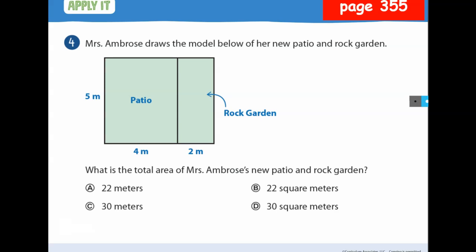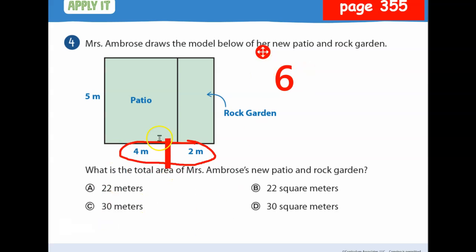Preston, how'd you do this one? Yeah, I know, but how did you start? What did you do first? So you added this length right here, and it was what? 8. You added it. So 4 plus 2 is actually 6.